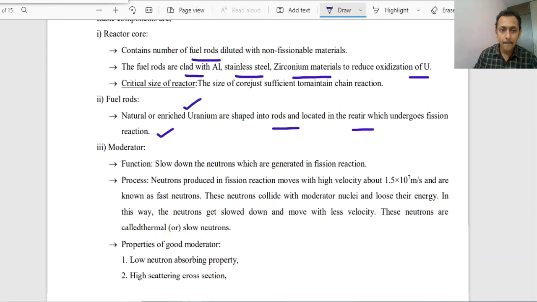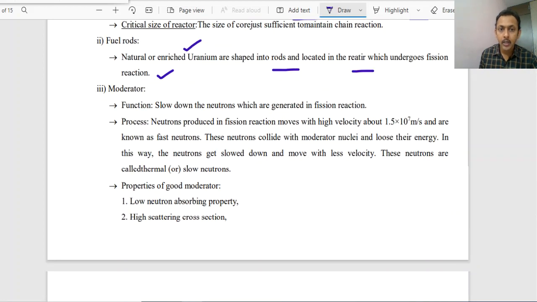Coming to the function of the moderator, it is going to slow down the neutrons which we have obtained due to the nuclear fission process, which will be moving with high velocity. Those high velocity neutrons are to be slowed down using the moderator.